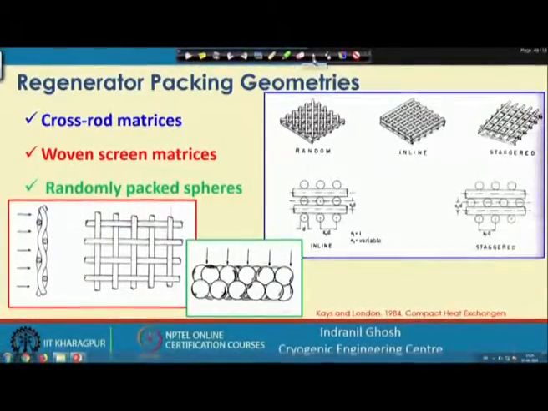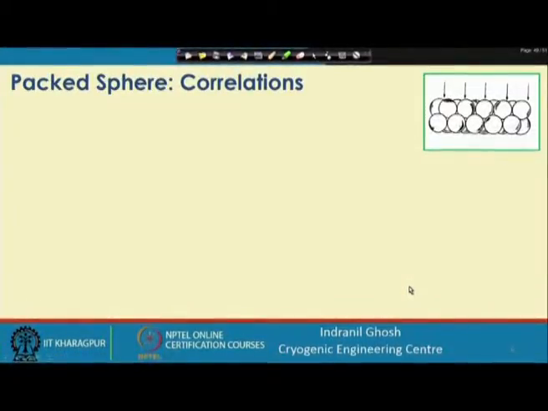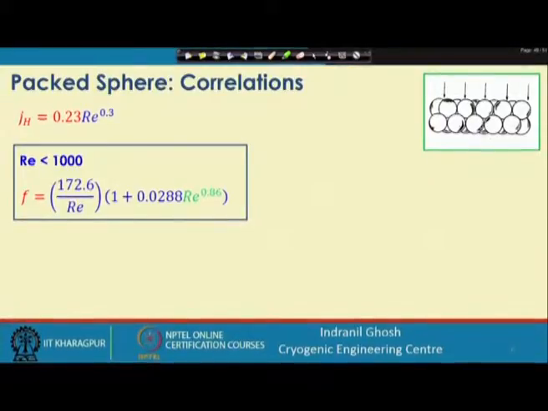Now, if we go to the formulas, or the correlations that we should use for the packed bed. Here we have packed bed spheres, and we have given the correlations. As we know, we need a high heat transfer coefficient as well as low friction or low pressure drop.